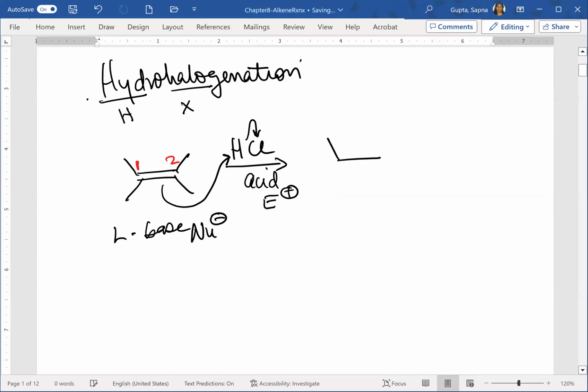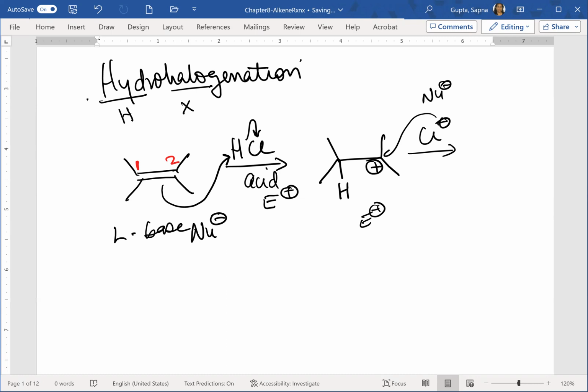And honestly speaking, right now at this point, it doesn't matter. You have to pick one. The other one gets the carbocation. Once you have that, the next thing is, now this is the electrophile and this is the nucleophile. So now the chloride is going to attack the carbocation.